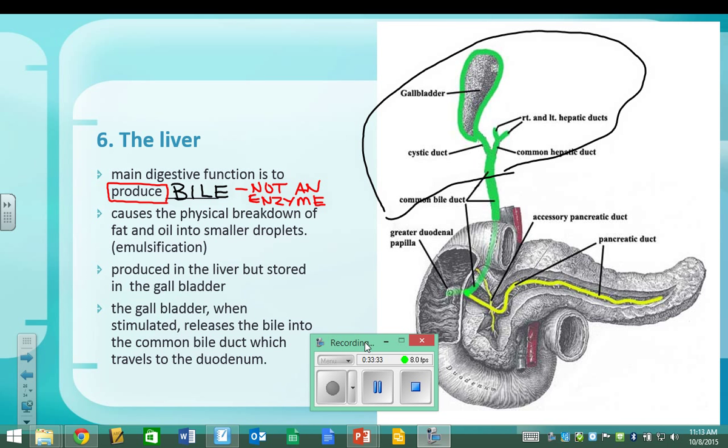It is for physical breakdown of fat and oil into smaller droplets. The name for that process is emulsification. If you've ever seen what dish soap does to grease, that is emulsification. So that's what bile is doing. It's not actually chemically breaking down fat, but it's making it into smaller pieces.